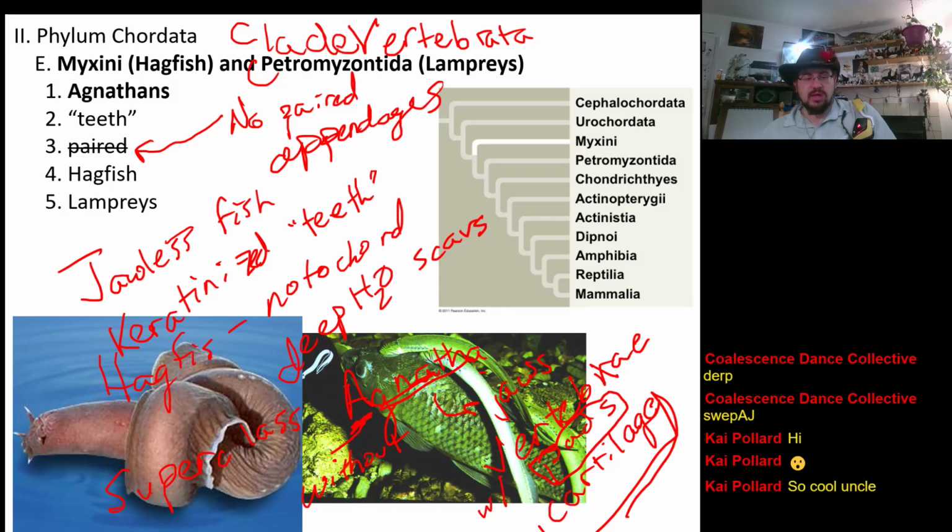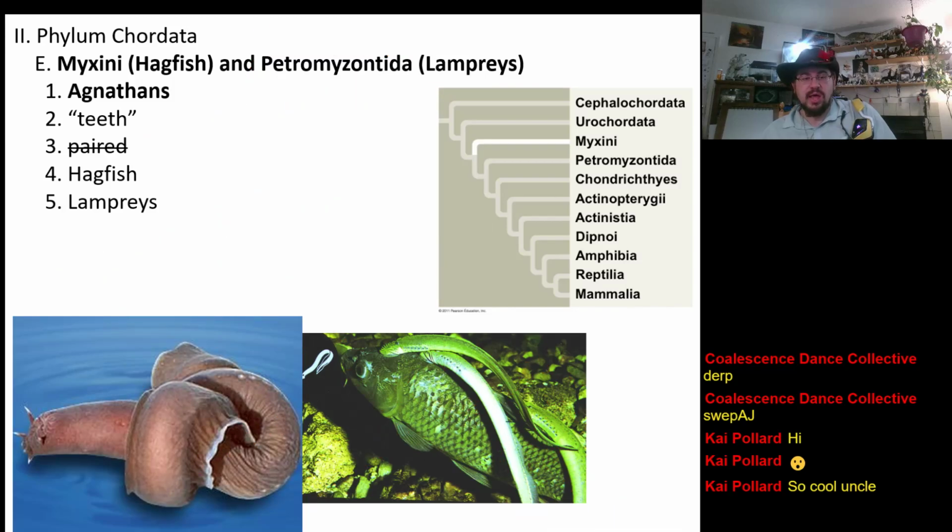So let me erase some stuff to show my pretty scavenger lamprey here. So this is a lamprey that is scavenging, and there we go. So they have generally a mouth disc, and then on that disc they have these keratinized pointy structures.